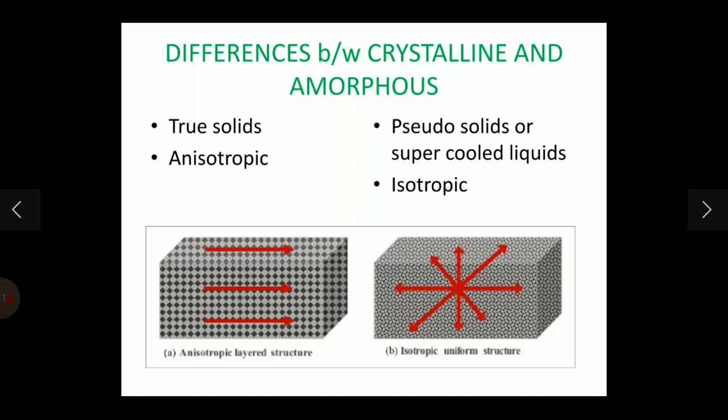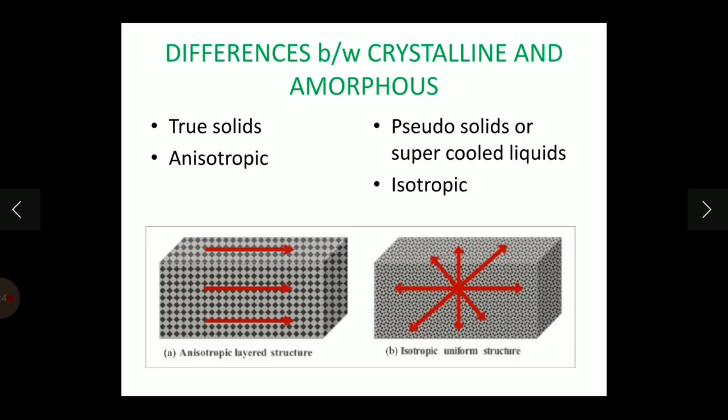It is called a supercooled liquid because of the melting point. If you melt a crystalline solid or crystalline salt, it shows a sharp melting point, for example 120 degrees or 1000 degrees. So crystalline solids are considered to be true solids.